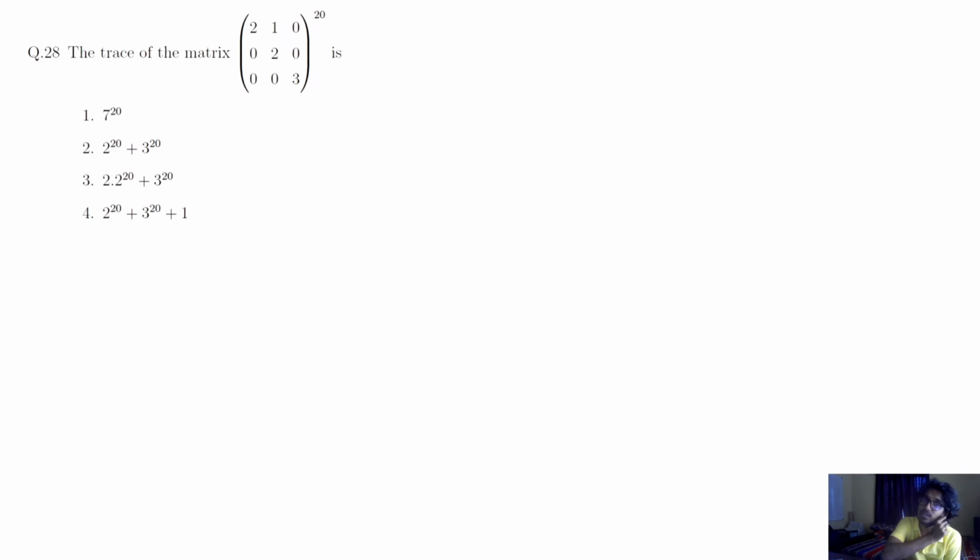Moving to the next question, we are asked to find out the trace of a matrix. Part 20, let that be. A is what? 2 1 0, 0 2 0, 0 0 3, and they are asking for trace of A power 20.